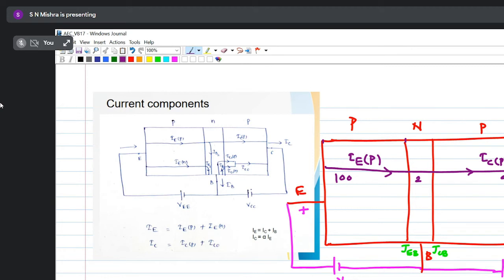Because some recombination will be there, since we have taken n-type material, so electrons are the majority carriers. We can decrease that, but we cannot nullify it. So if I am sending 100 holes, 2 holes recombine in the base region and 98 holes reach the collector side. Is this concept clear?